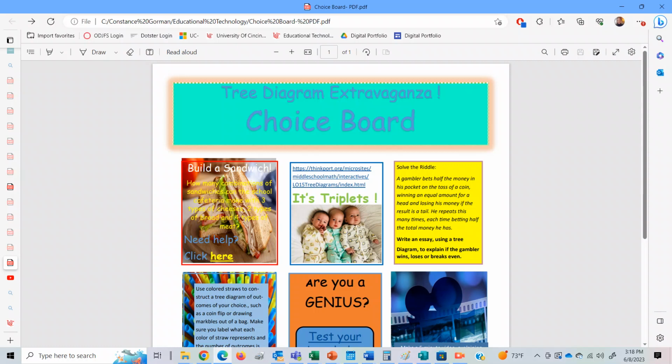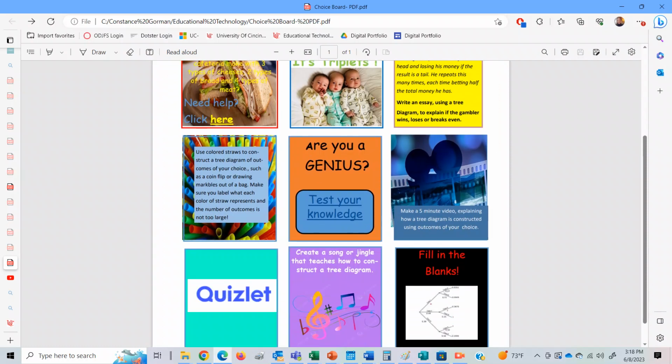But how they would respond to this is in essay form. So this one was for the students that have a strength in the language arts, and they would prefer to make a choice in that direction.